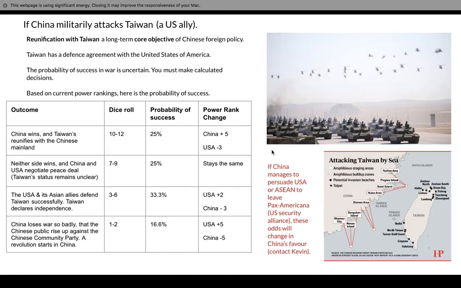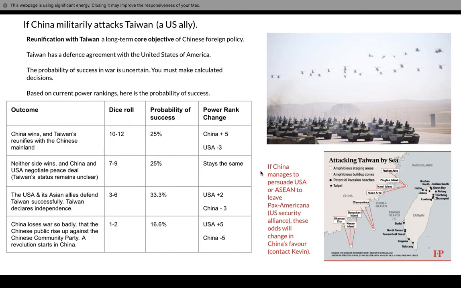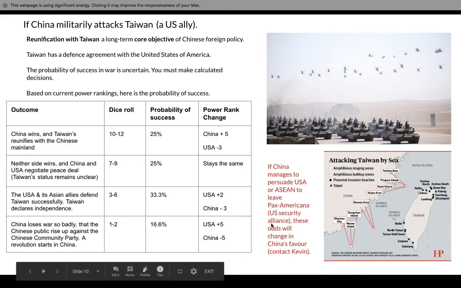Now, the important exception to this probability of success is during the diplomatic negotiations. If China manages to persuade Japan or ASEAN to leave Pax Americana, the US security alliance, these odds will change in China's favor.